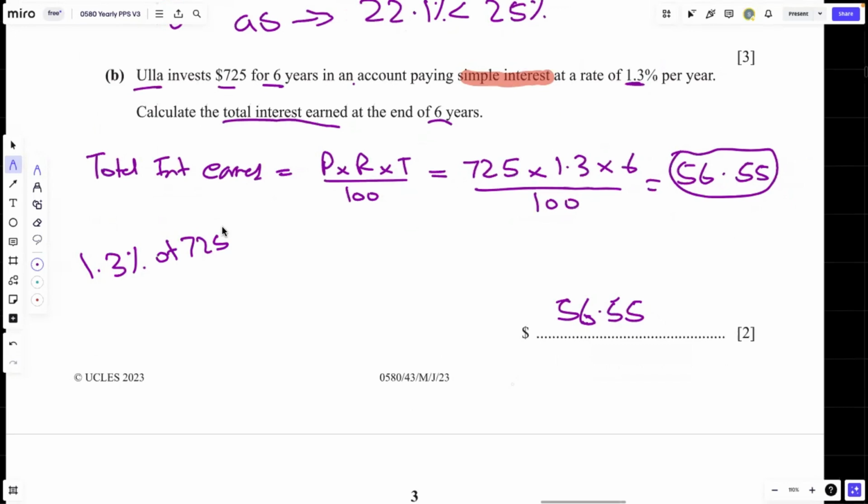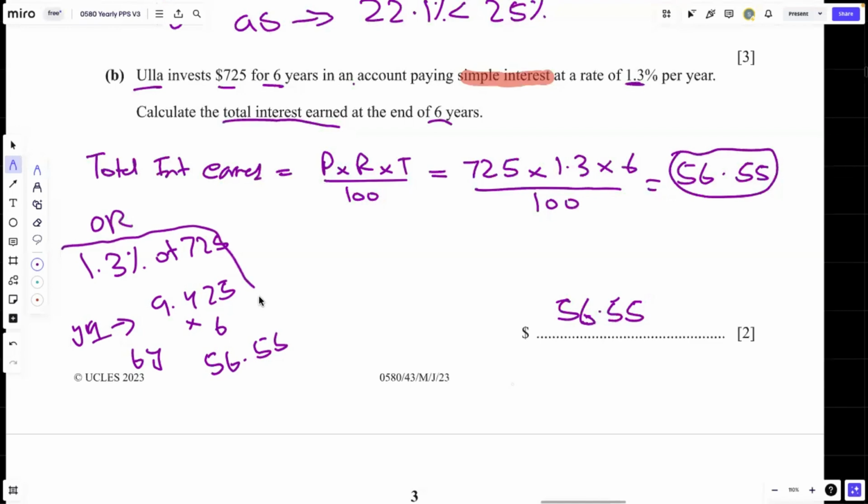That gives us 9.425, the interest for year one. Since I need 6 years in total, I'll multiply it by 6, and I get the same answer, 56.55. So that's your alternative method, pretty much the same thing that we did.